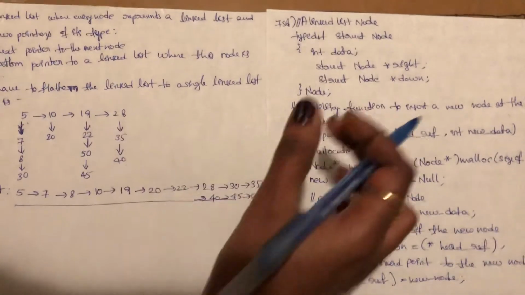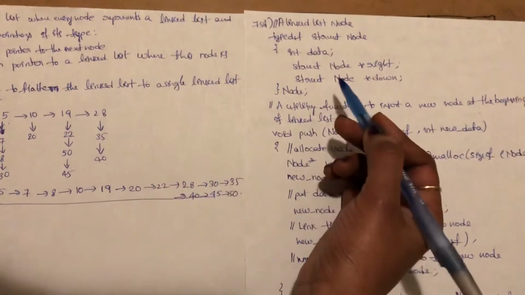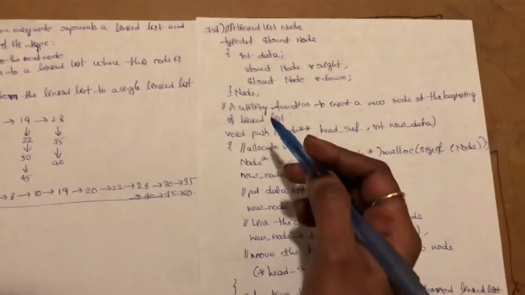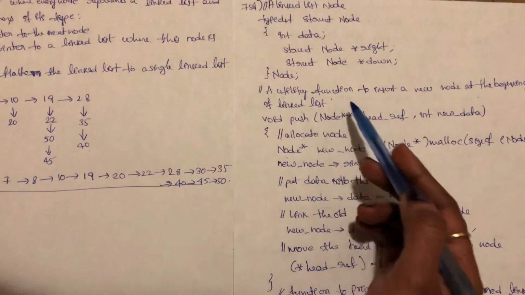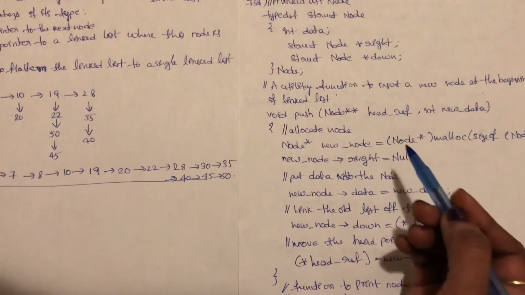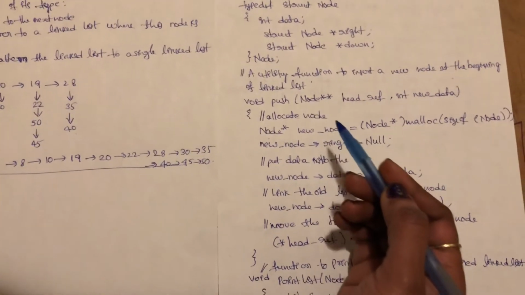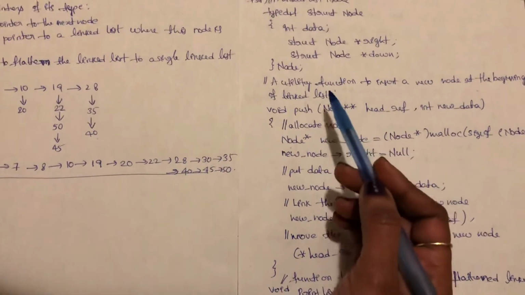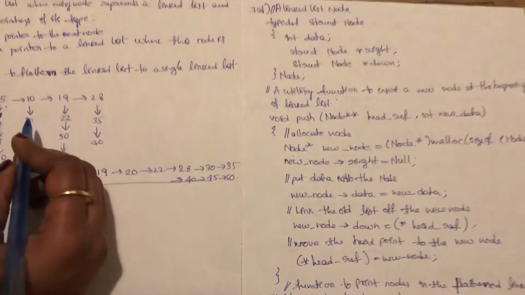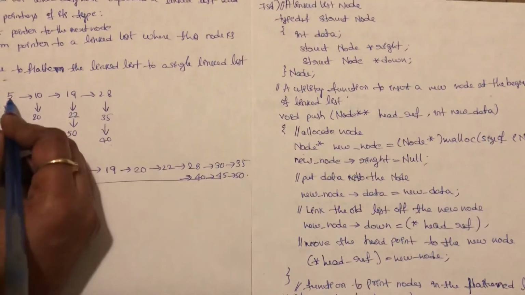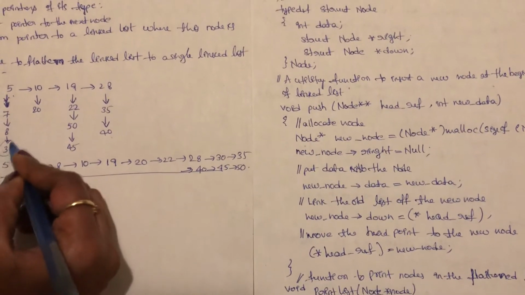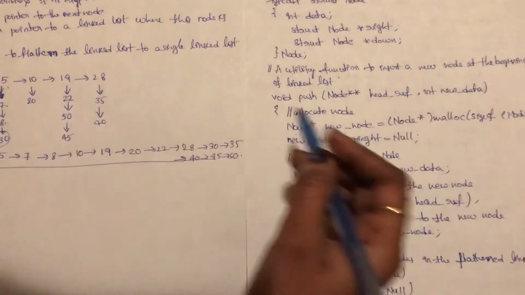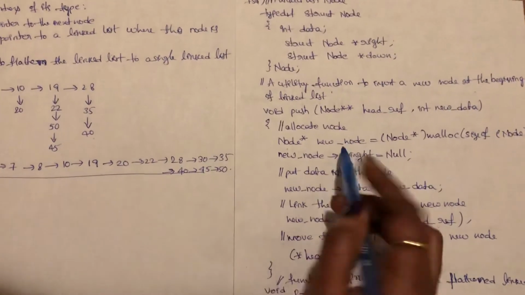Each node has two pointers. We're going to take one more utility function here to insert a new node into the beginning of the linked list. That means first, if it is going to start here, it is going to insert the next one like this. This utility function is used for that.